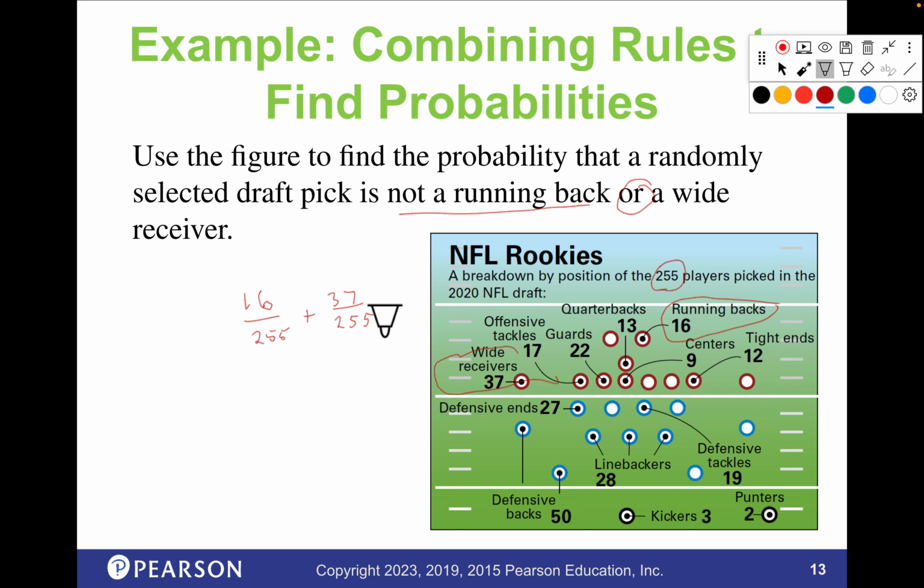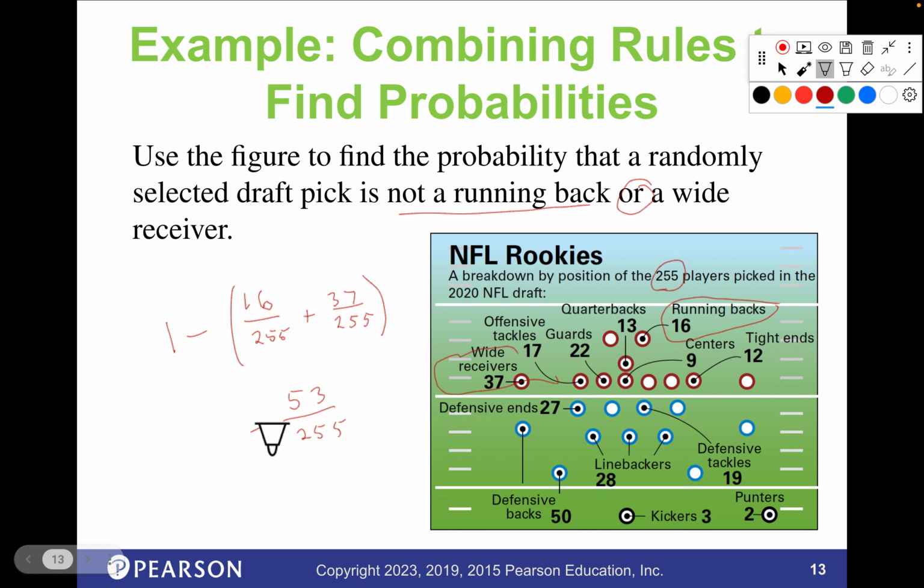So that's kind of what today's lesson is. And then once we calculate that, since we don't want these, we get the complement, we subtract it from 1. Wow, that was fast. So that's 16 plus 37, that's 53 out of 255.